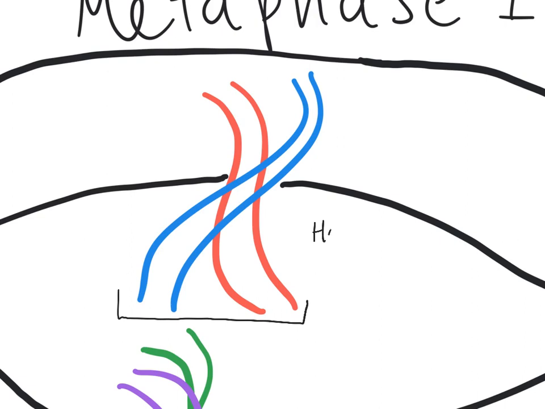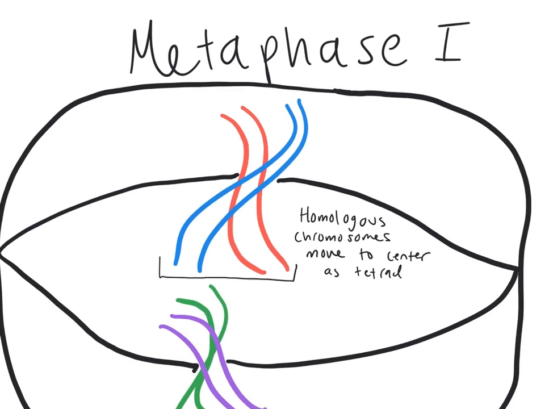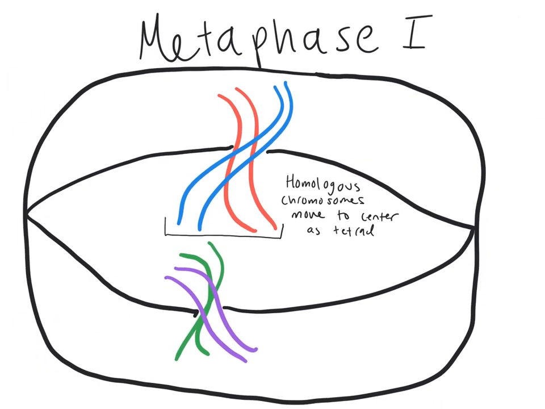So homologous chromosomes are going to move to the center, almost like they're all smushed together still. So they have not separated from each other yet. They're still mixing their genes, they're still shuffling everything, and they're still connected. This is going to line everything up, so when the separation happens, everything winds up going where it's supposed to.